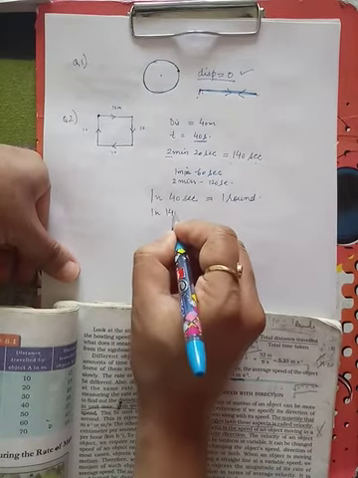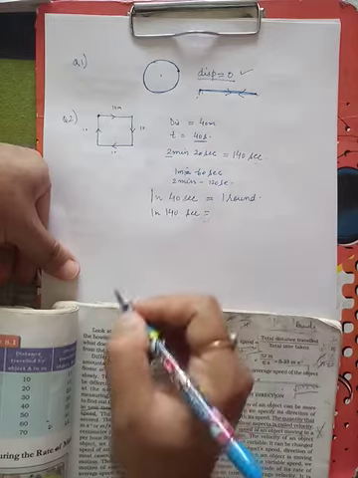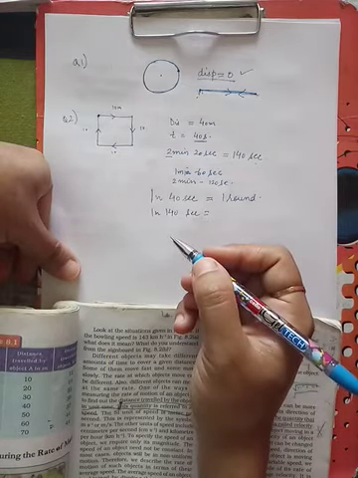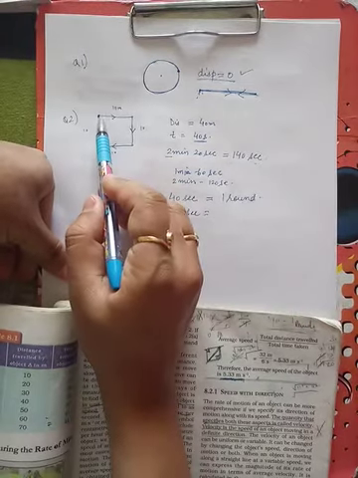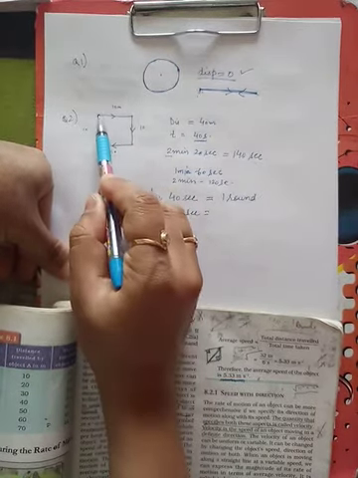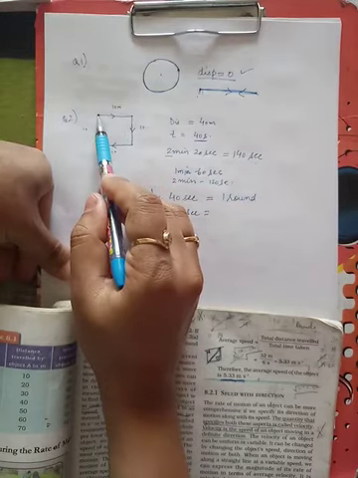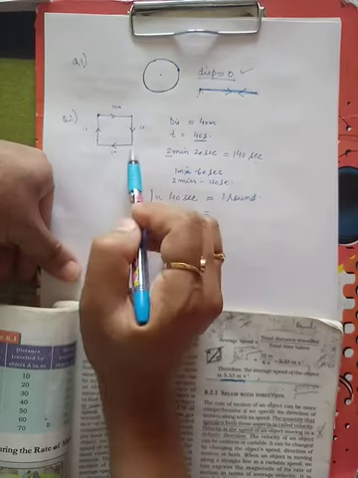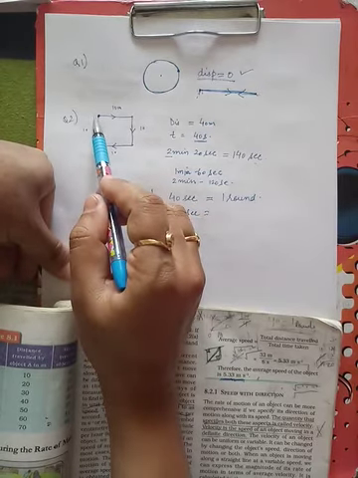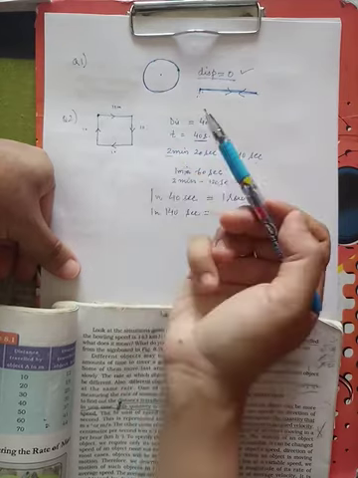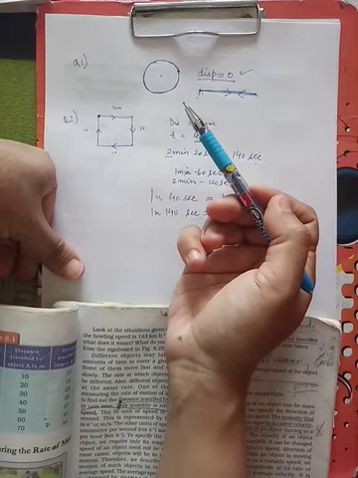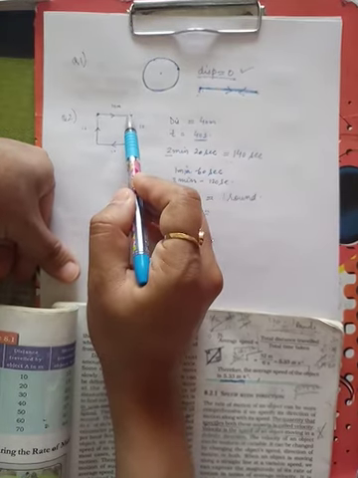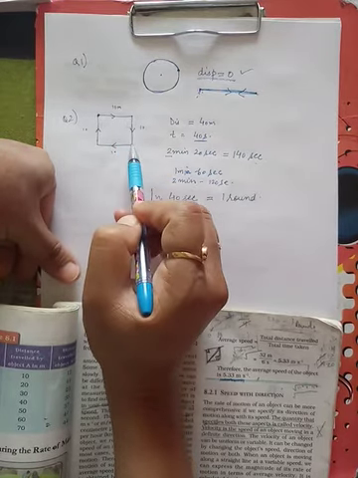In 140 seconds, how many rounds will he cover? He will cover 3.5 rounds, right? 40, then again 40, that means 80. 2 rounds means 80. 3 rounds means 40 more, that is 120. 3 rounds completed, and then after 120, 130, 140, right?